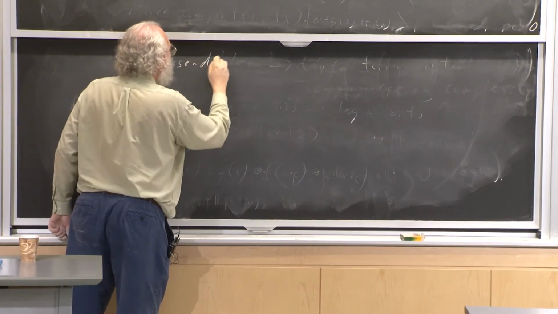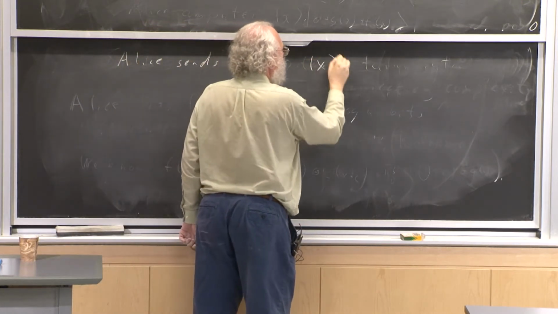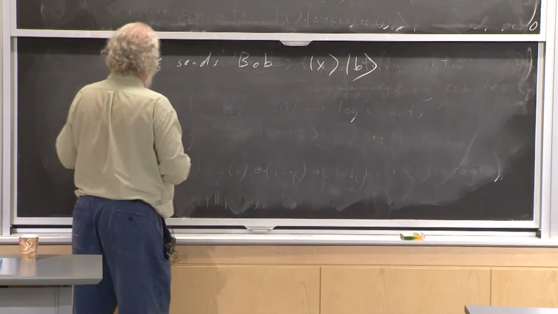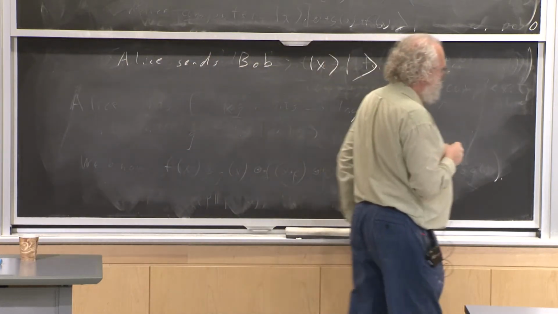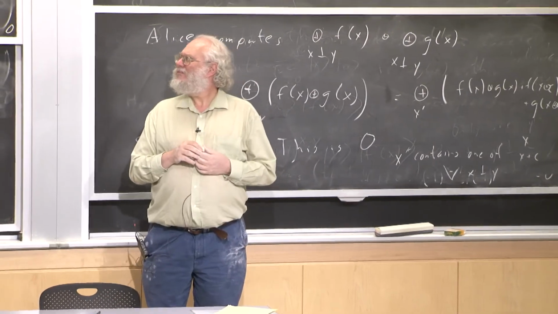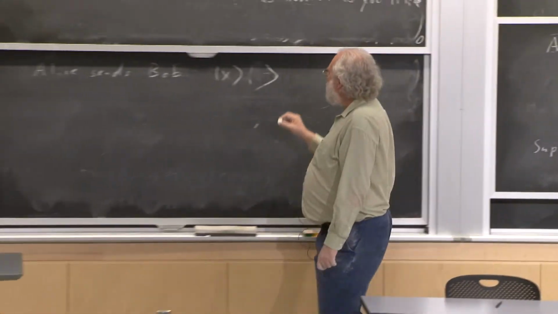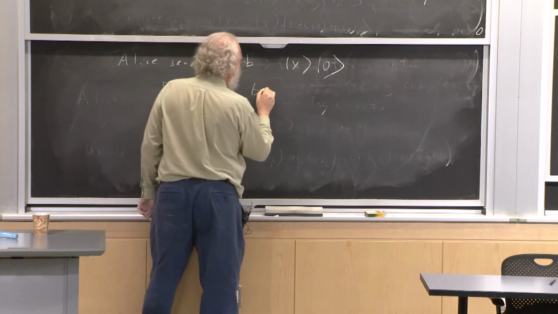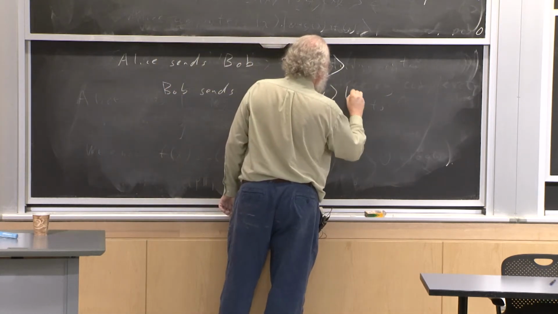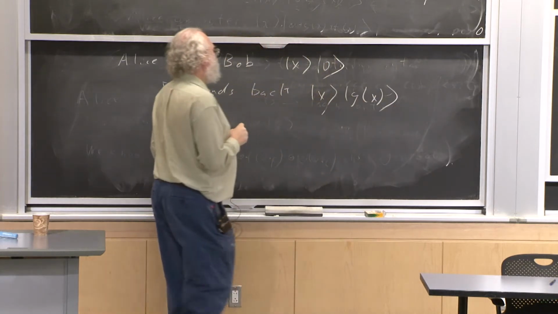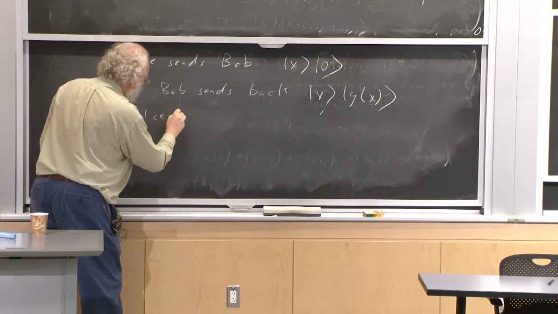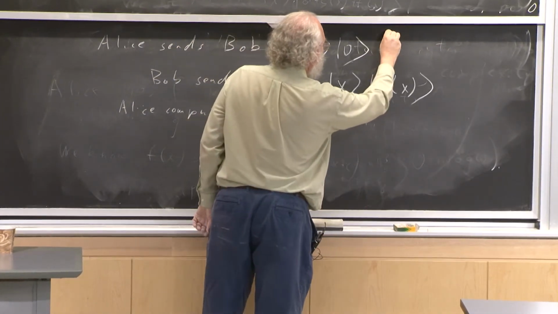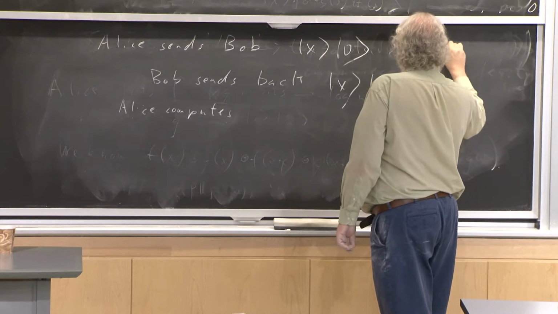Alice sends Bob x, b. Bob sends back x, g of x. Alice computes, keeps b.